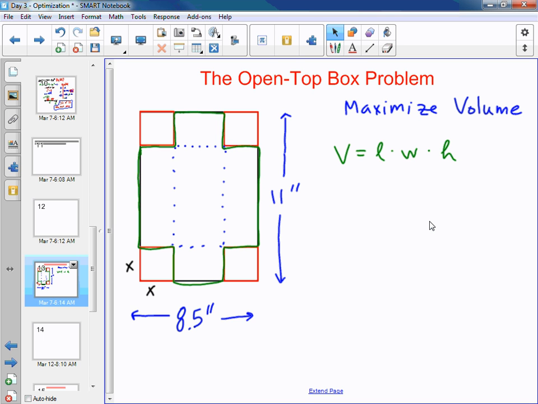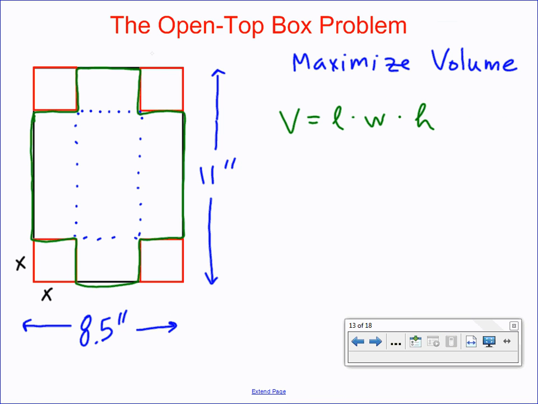It's just that the length of my box is not 11, right? Once I cut out those squares of side length x, what's the length of my box? It's no longer 11, right? What would be remaining? Michaela? 11 minus 2x. 11 minus 2x, good, thanks for our length.